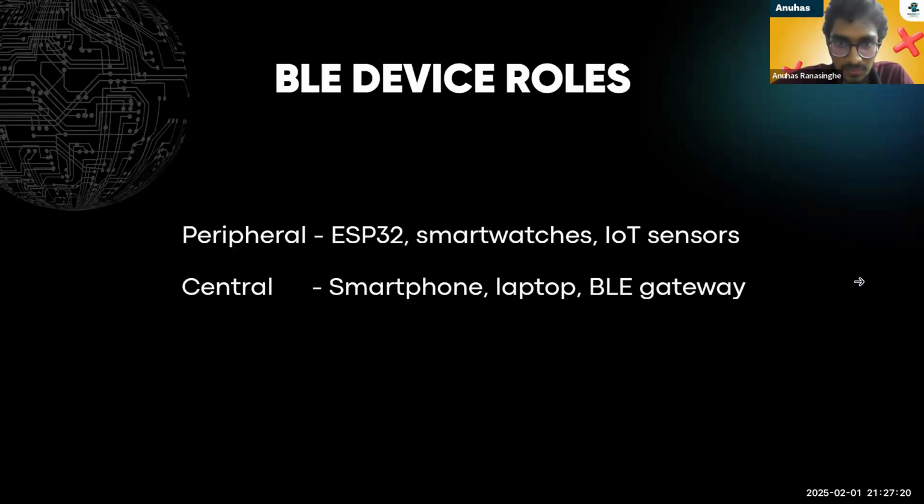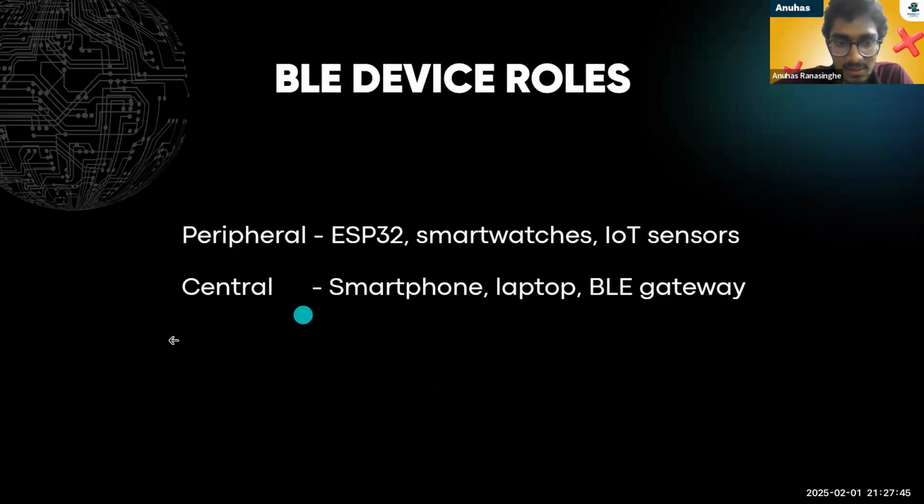And as I mentioned before, there are two device roles in BLE, the roles that each device performs at a time. One is the peripheral, the device that we connect with our mobile phone or laptop or any other thing. It can be an ESP32, smartwatch, or IoT sensors.